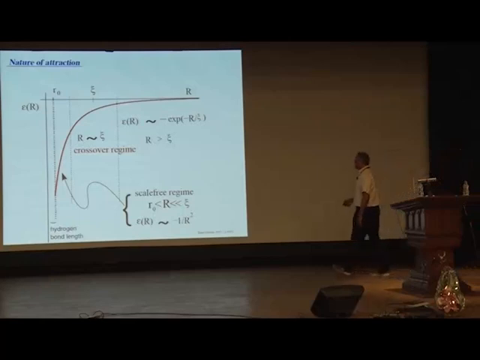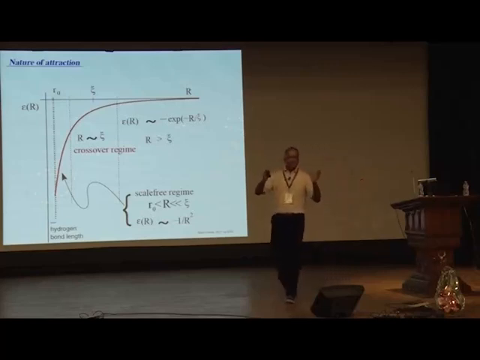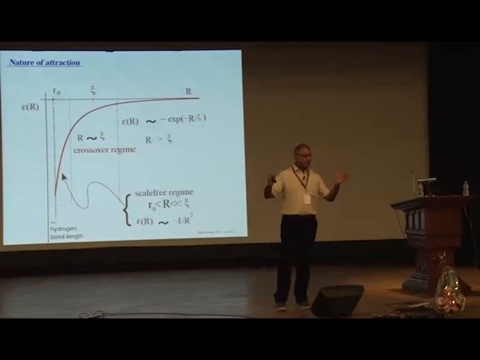Now, as we approach the melting point, xi goes to infinity, and therefore this whole thing gets pushed to infinity, and beyond this hydrogen bond scale, what we get is 1 over r square. Let me say again that I started with 2 strands of DNA at its melting point, but they are supposed to be separate.